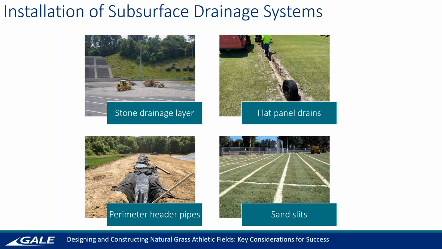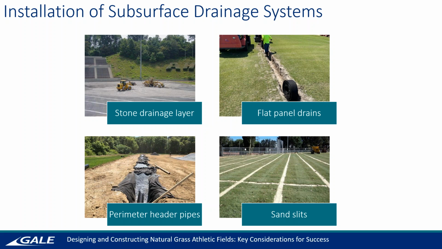The bottom left, what you see here, is header pipes. Basically they're French drains, if you will, perforated pipe and stone, and they run around the perimeter of your field, whether it's down the sidelines if it's a rectangular field, or along the outfield fencing if it's a baseball or softball field. And then the flat panel drains in the herringbone pattern ultimately connect to these header pipes, belt and suspenders, to get the stormwater off your field as quickly as possible.